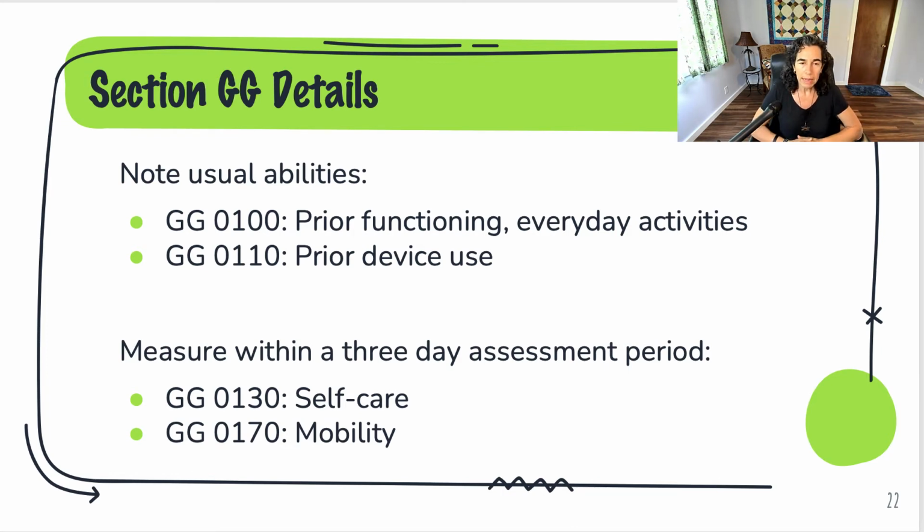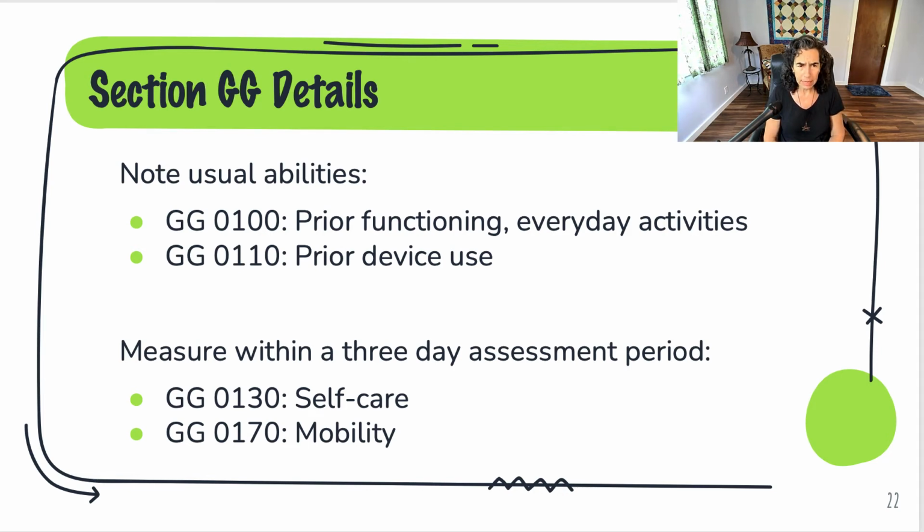So to that end, everything is coded, and the two sections, 0100 and 0110, are about prior functioning. So what could the person do initially, right? Everyday activities and device use. So it doesn't mean that they were 100% independent prior to what brought them to the IRF, but we want to look at what their baseline of functioning is prior to this incident or admission.